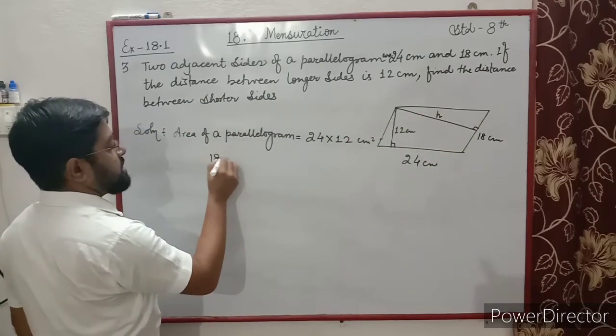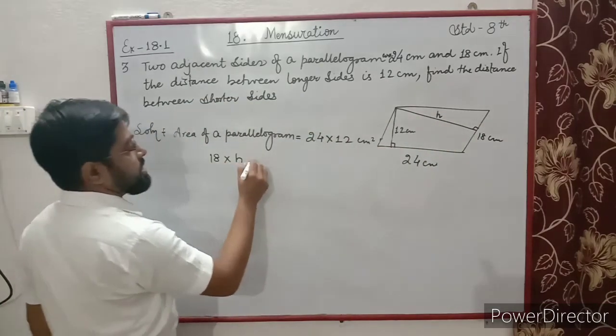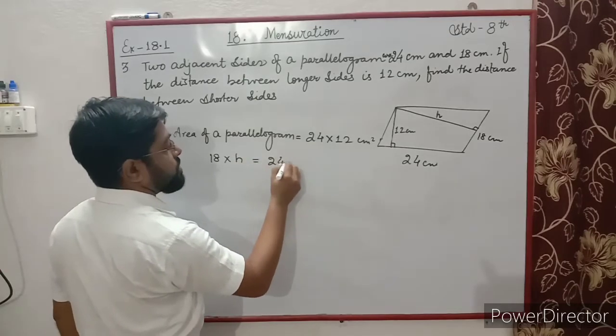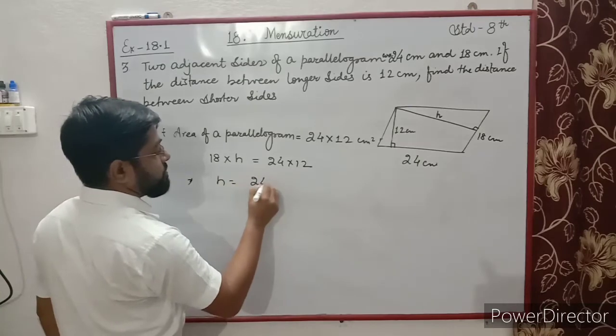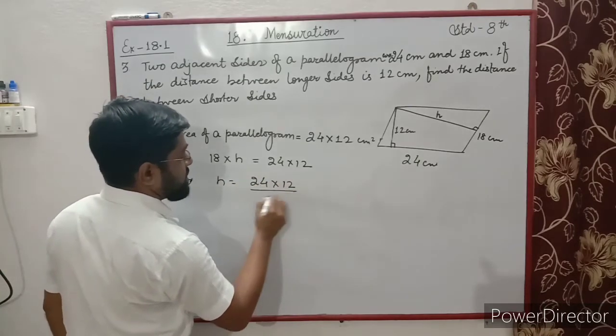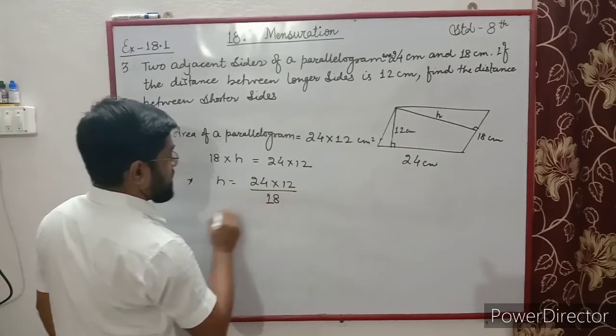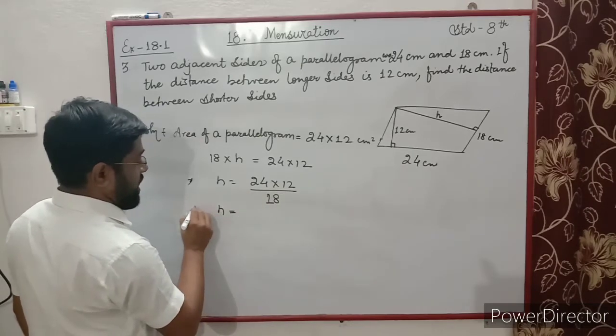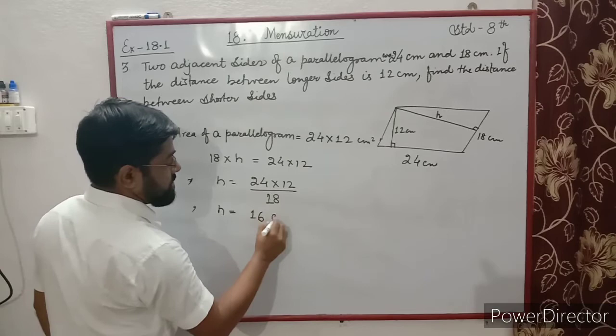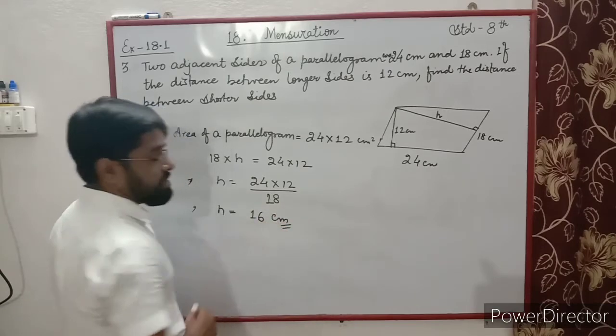So 18 into height is equal to 24 into 12. So h is equal to 24 into 12 divided by 18. Now after simplification, we have height is equal to 16 centimeter. That is answer.